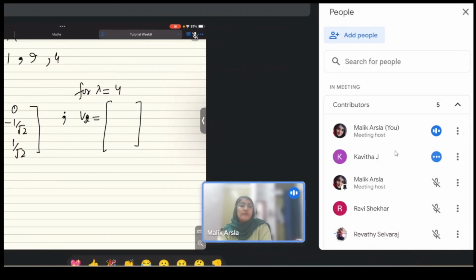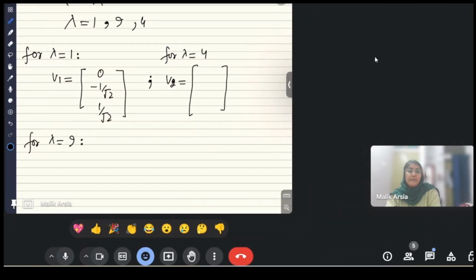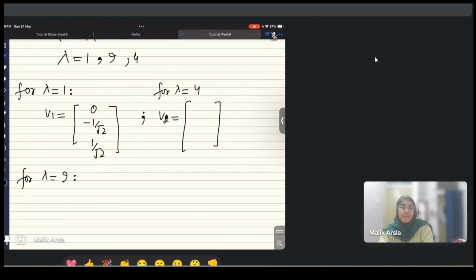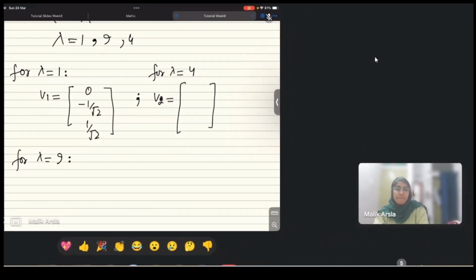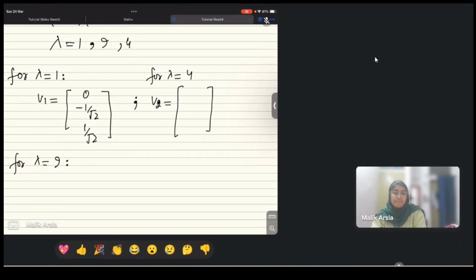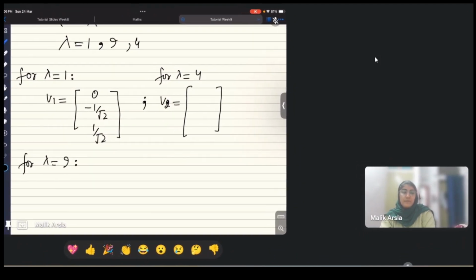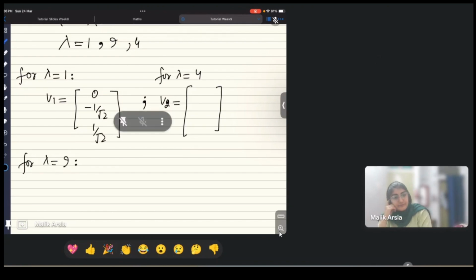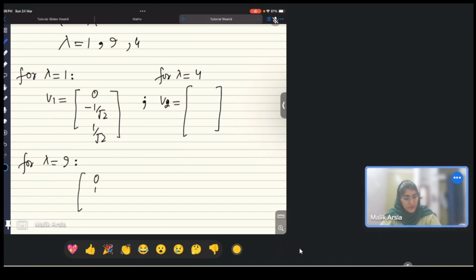What about you, Revetha? You're getting answers? For lambda equal to 9, it is 0, 1, 1, and that is again equal to 0, 1 by root 2, 1 by root 2.